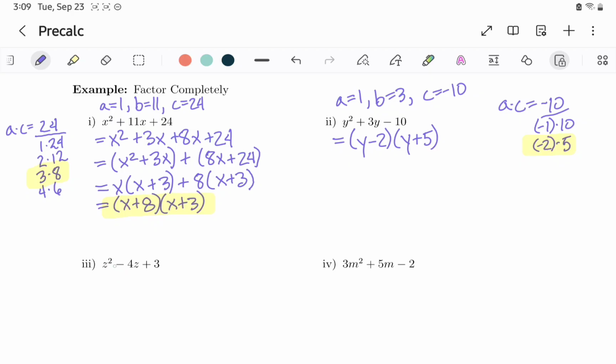Here we have the quadratic expression z squared minus 4z plus 3. So a is once again 1, b is equal to -4, and c is equal to 3. So here, a times c is equal to, well, just 3.